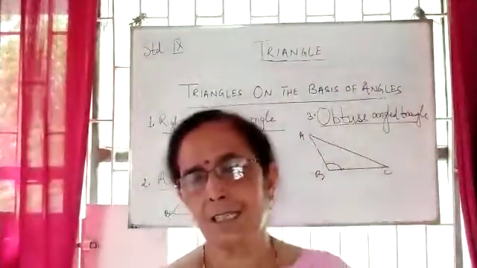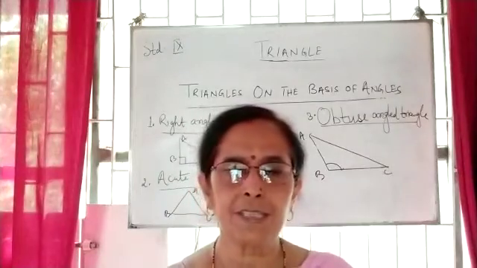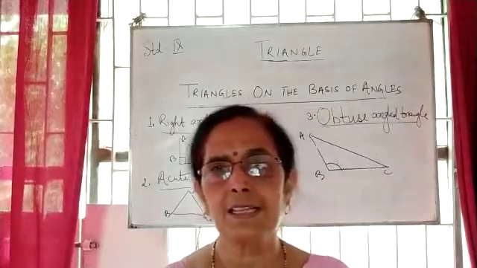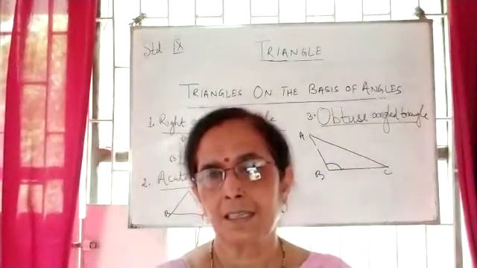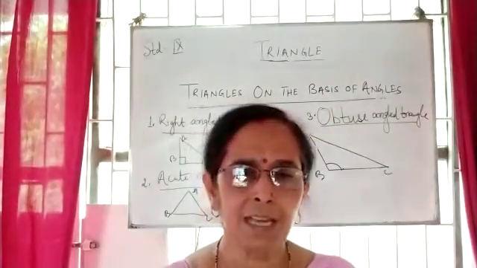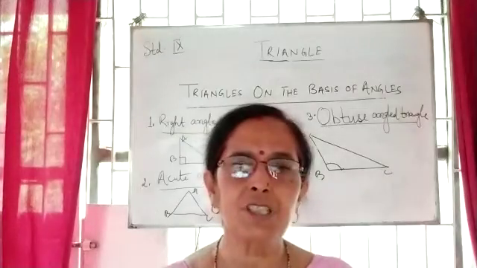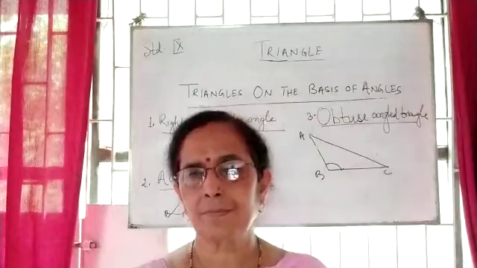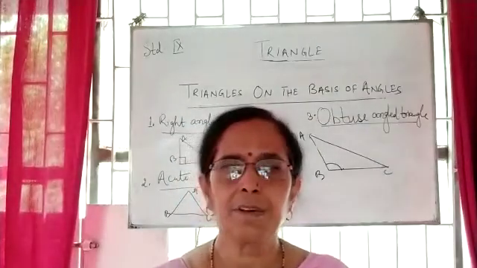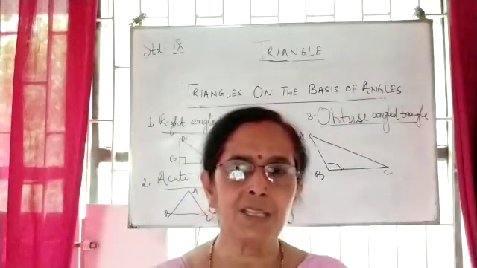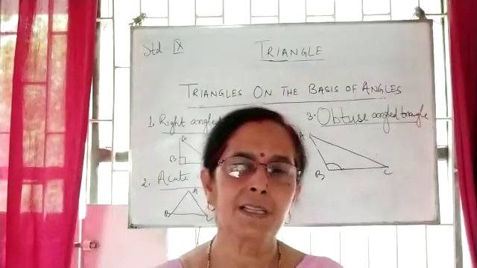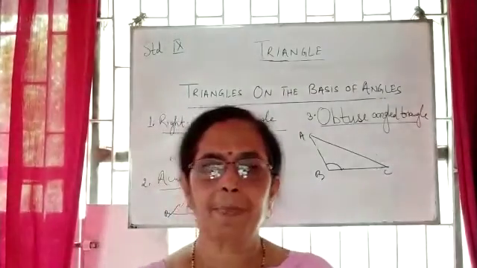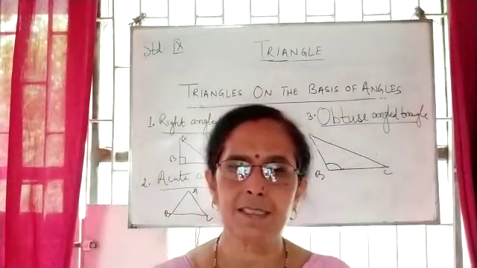So students, now we have seen what a triangle is and what are the various kinds of triangle. We have seen a geometrical figure which is bounded by three line segments is a triangle. We divided the types of triangle into parts: the first, on the basis of measure of sides and the second, on the basis of measure of angles.